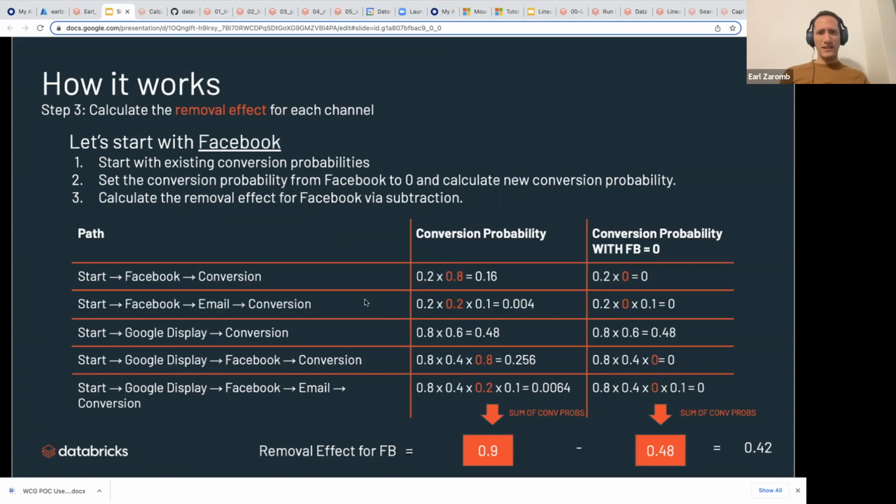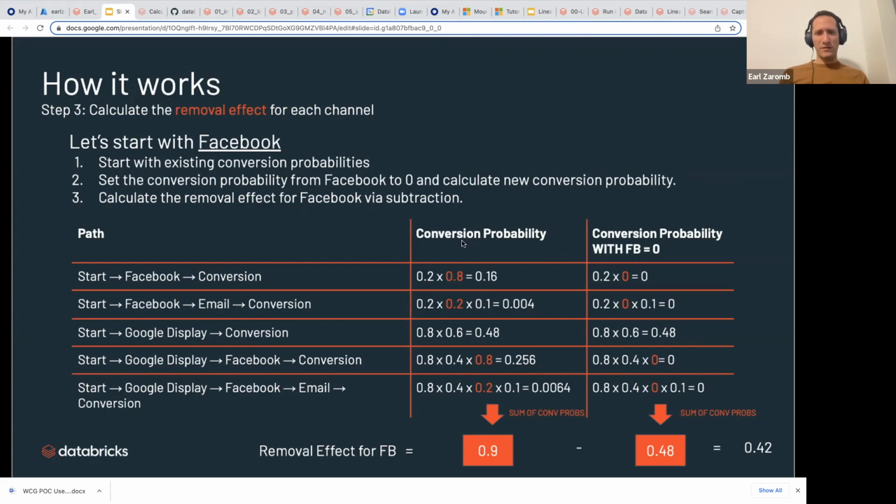And so the idea being, we will look at all customer journeys that had Facebook ads in them, and look at what the conversion probability is with those different Facebook ads.